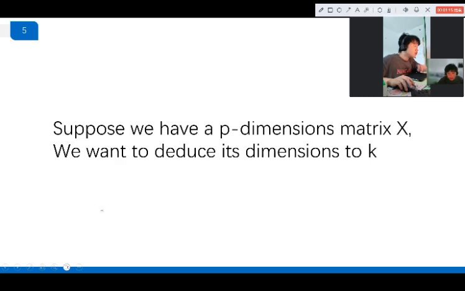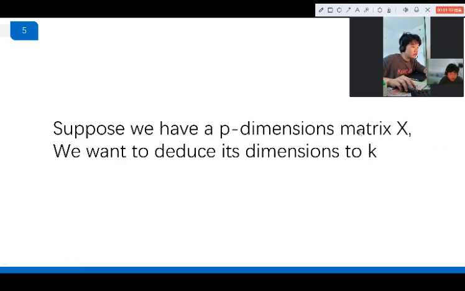Suppose we have a P-dimensional matrix X. We want to reduce its dimensions to K. However, we want to keep the most information. What should we do? This X is the original statistics set we gathered from the objects.